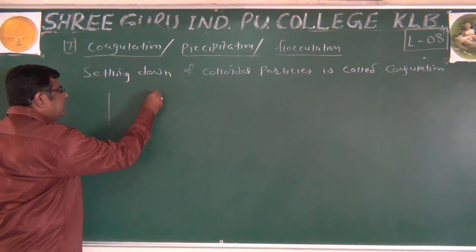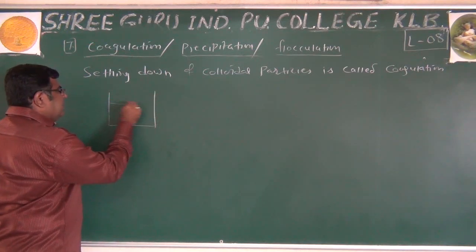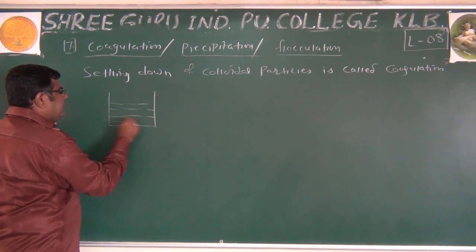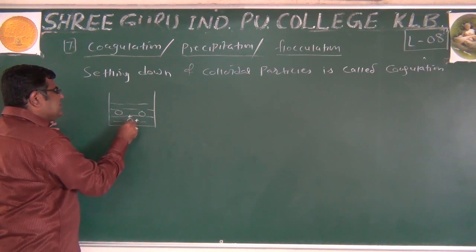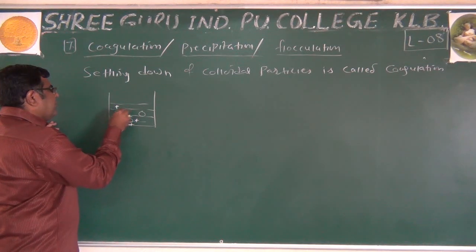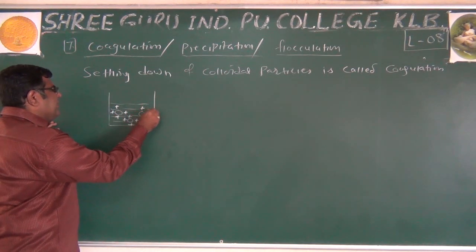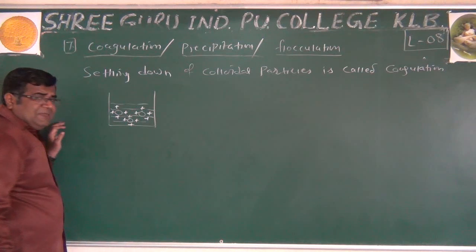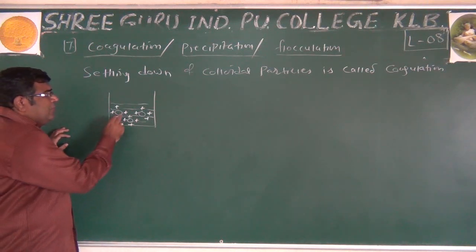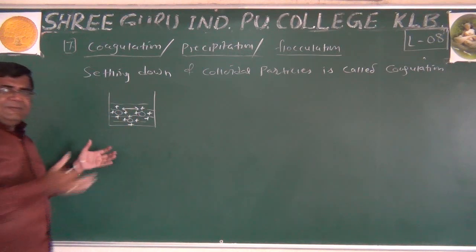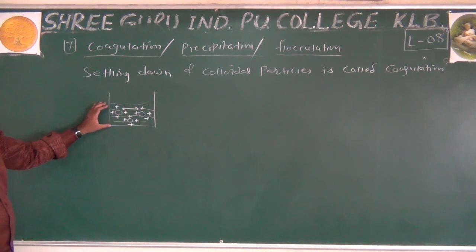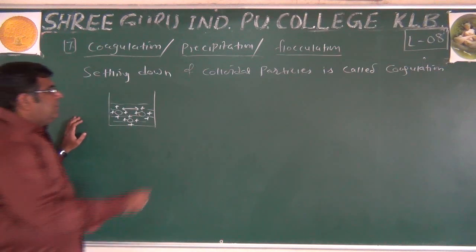For example, if this is the dispersion medium and these are the colloidal particles, they all carry charge, positive charge. They may carry negative charge also. I am giving the example of positive charge. Because of their similar and equal charge, they repel and they are stable, they remain dispersed.